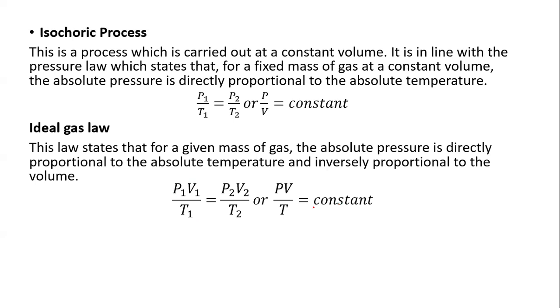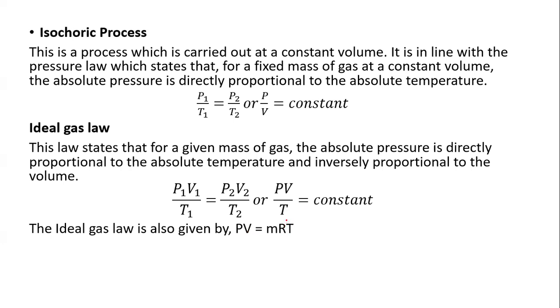But because we've said constant, we can also express this in terms of the constants, which are mass and some other given parameter. So in this case, we write it as PV over T equals MR, the other constant we refer to.